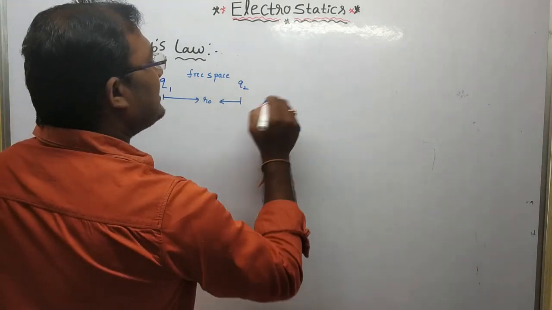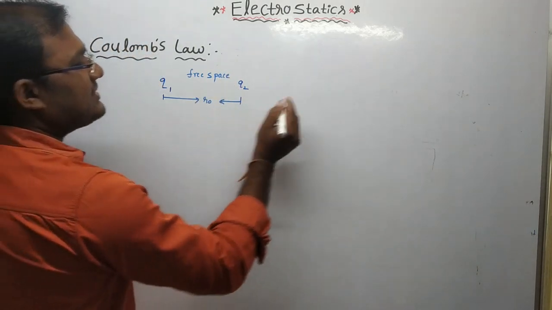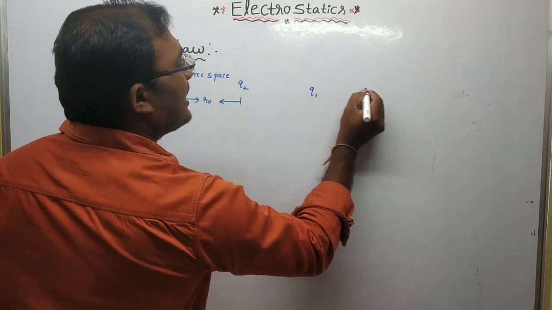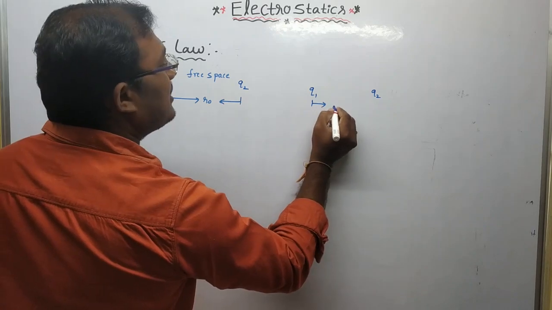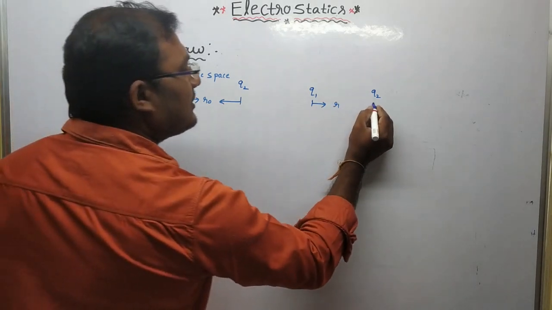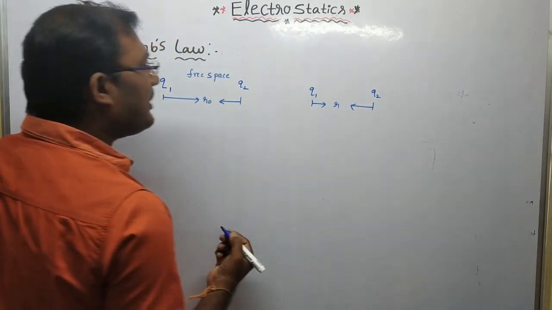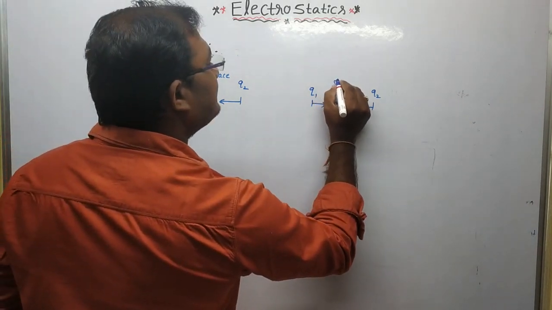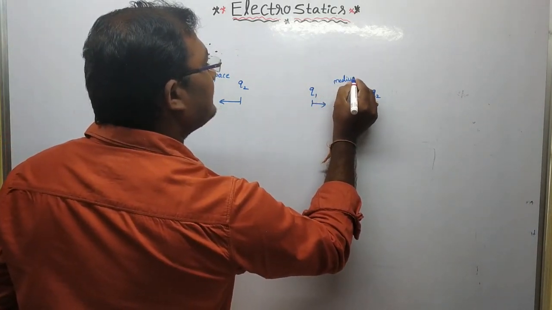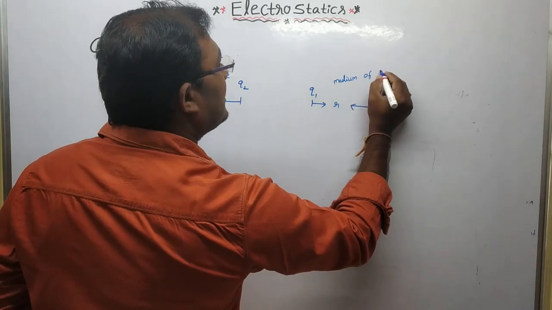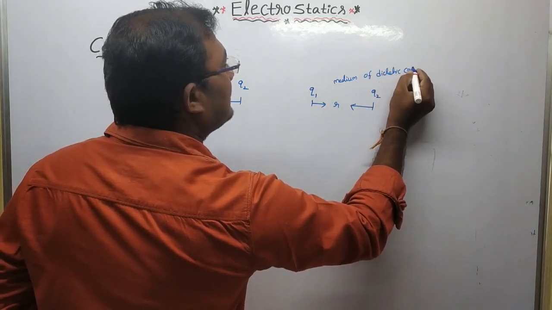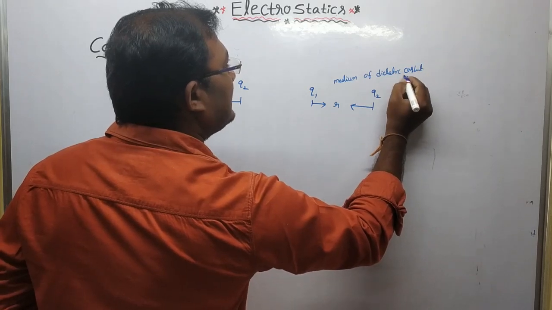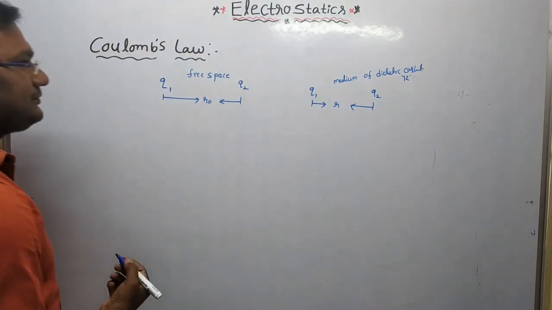On the other hand, the same charges Q1 and Q2 are separated by a distance R and are placed in a medium of dielectric constant K.